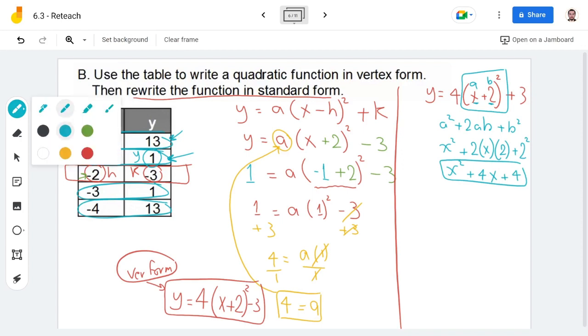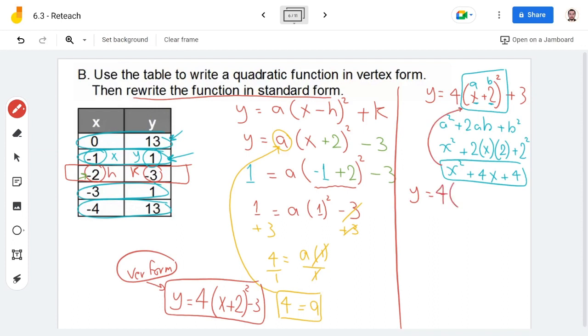Now let's replace the formula in the function. So y equals 4 with x squared plus 4x plus 4, close the bracket, plus 3.